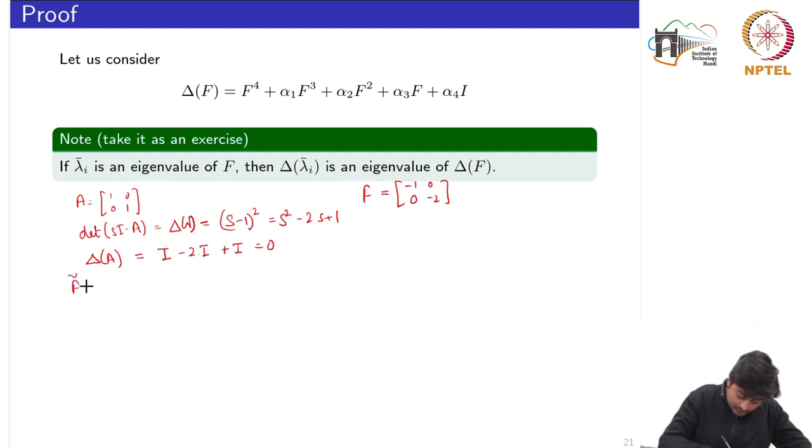Let's call it F tilde, which is delta of F, and is given by the square of this matrix, which would be 1004, minus, so I write plus, and it would become 2 4, plus identity.